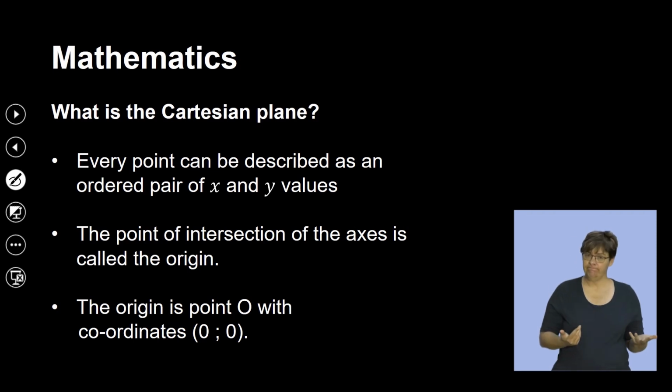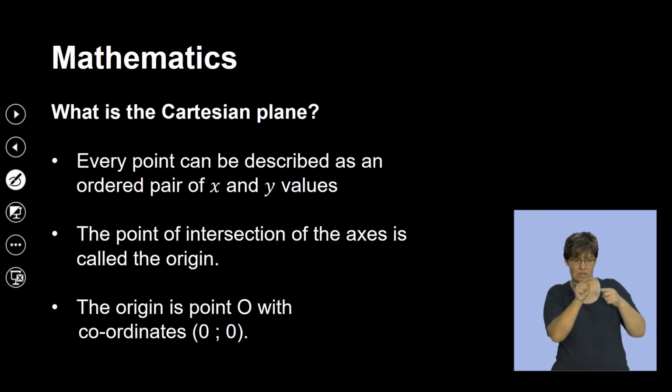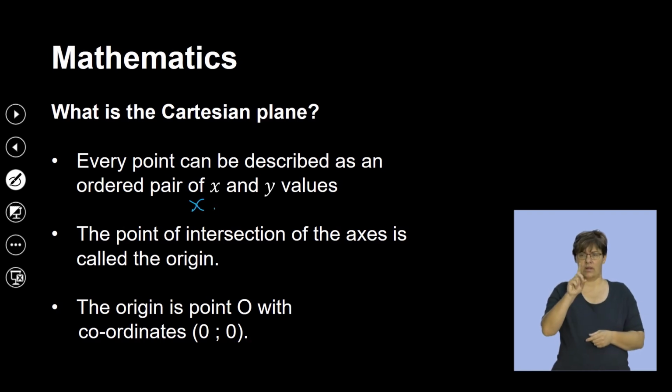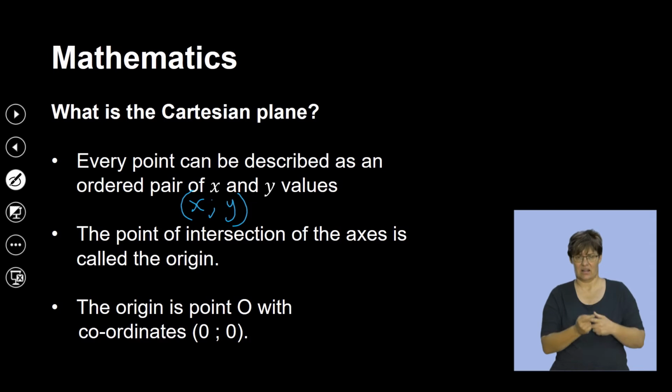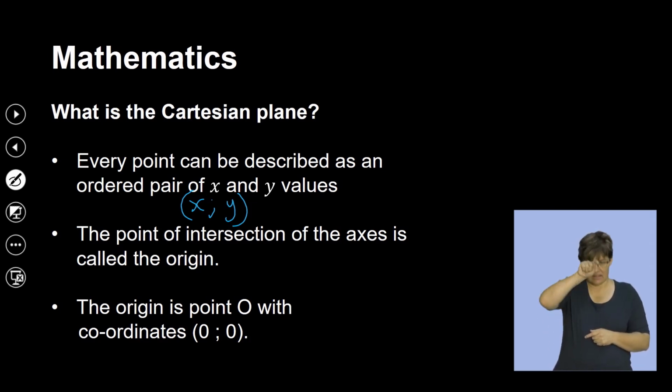Now, every point can be described as an ordered pair, right? When I talk about an ordered pair, remember we're talking about x and y. I know most of you will then be saying x comma y. Please, it's x and y, because remember the semicolon in language terms means and.